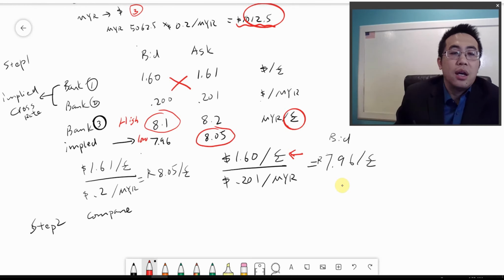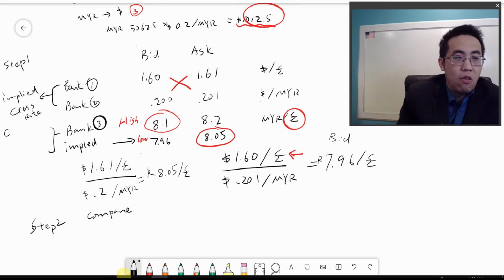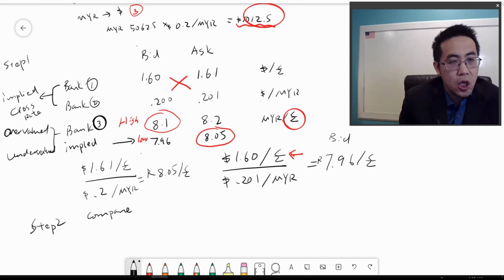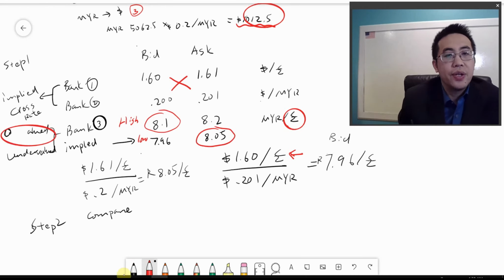Okay. And after you compare, you will see whether this one is overvalued or undervalued. And then you will ask whether this rate is overvalued or undervalued. So this price is overvalued. If it is overvalued, then you will sell.